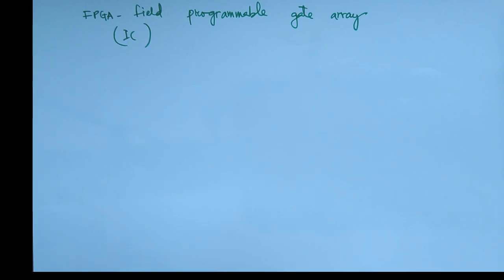So FPGA is basically used to design a system, basically used for prototyping. In simple language, we can say that it is used for prototyping, and the speed of execution in FPGA is very fast. We cannot say that it's faster, but it's very fast.